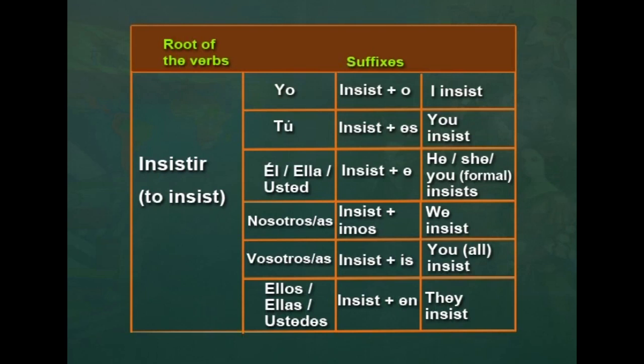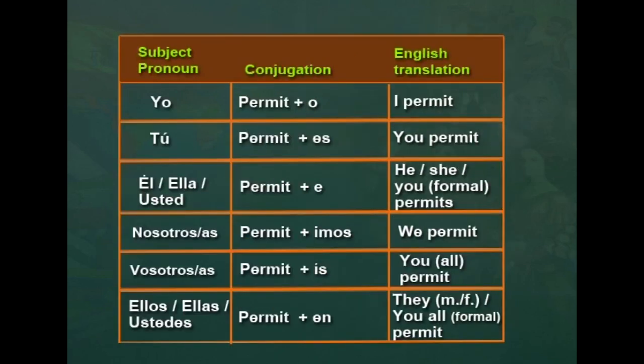Nosotros, nosotras insistimos. Vosotros, vosotras insistís. Ellos, ellas, ustedes insisten. All the regular IR ending verbs follow this pattern. So, another verb like permitir will be conjugated in the same way as shown above.